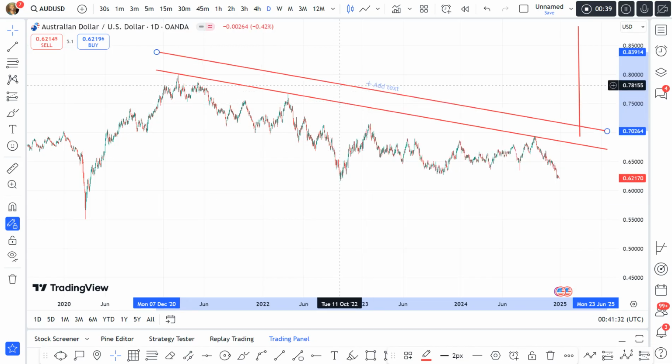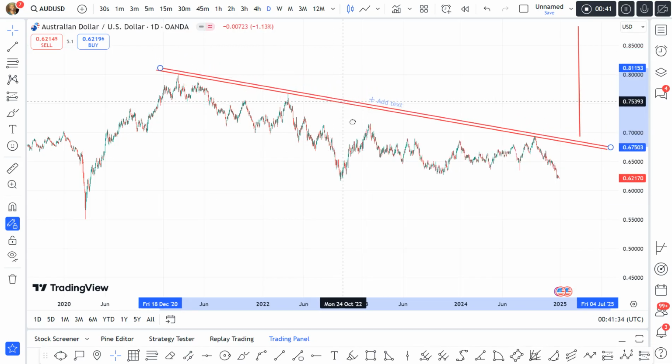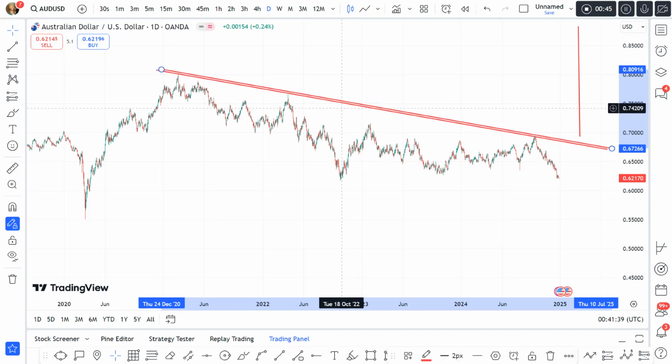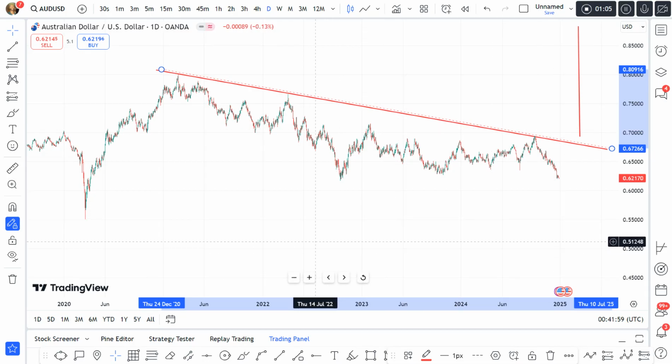Trend lines should be treated as zones, because most times when price comes there, it doesn't just react exactly at that level, so it needs to add up. So we have 2021, 2022, and we came to October 2024, and ultimately AUD USD gave up.